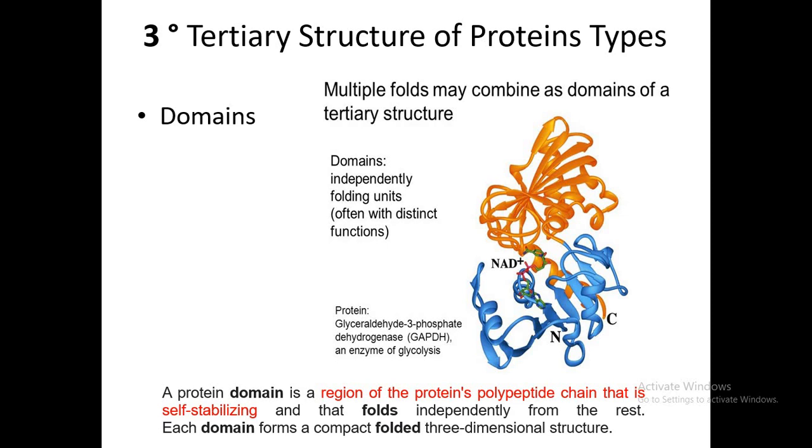So if we have a protein that is 2000 amino acids long, but the initial 200 or 500 amino acids have the capability to fold themselves and exhibit a 3D structure, however the other amino acids remain straight, the portion of that polypeptide chain that has the ability to fold itself separately will be called our domain. So our domain is a region of a polypeptide chain that can be self-stabilized.